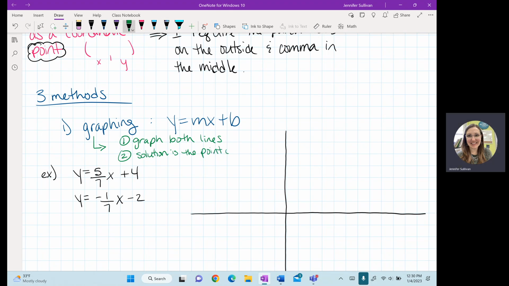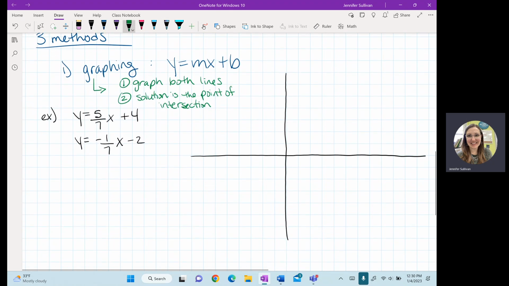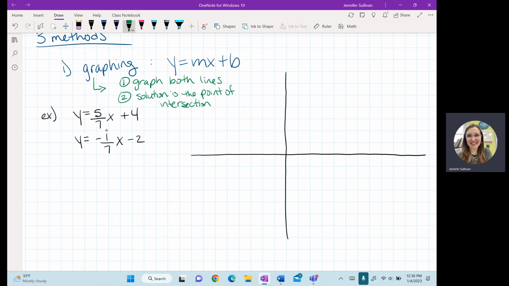So it's the point of intersection. That's it. That's all you've got to do. If I'm looking at this system and I'm asking you to solve, the answer is going to be the point, some x comma y number, where the two lines cross.